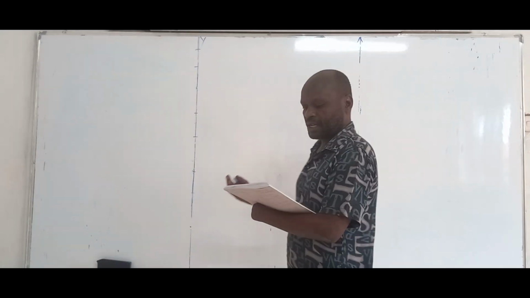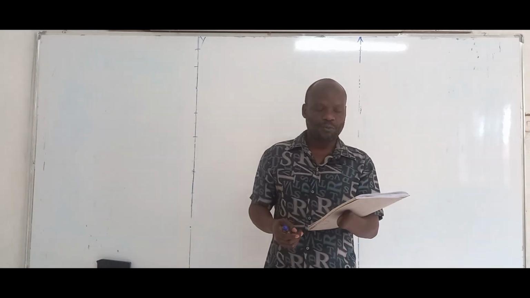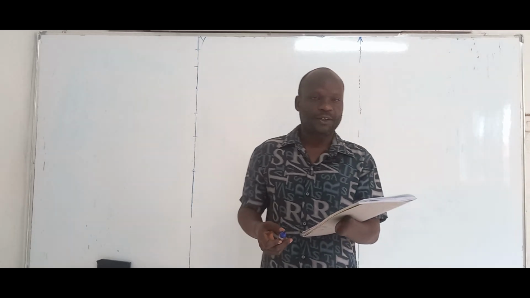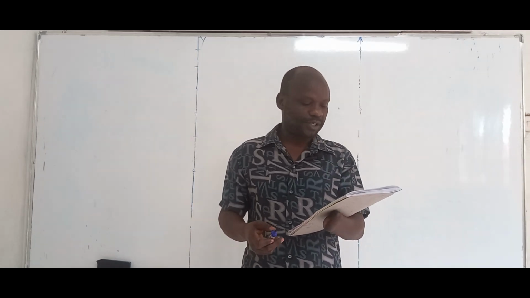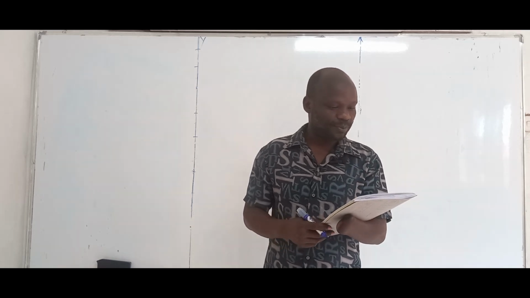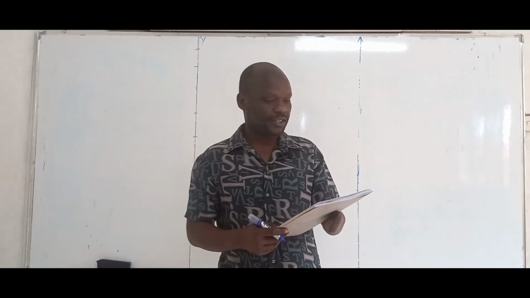Well, I want us to look at problems dealing with normal distribution. Normal distribution is an example of a continuous probability distribution, and it is the last topic in the probability and statistics 1 paper of the IGCSE.